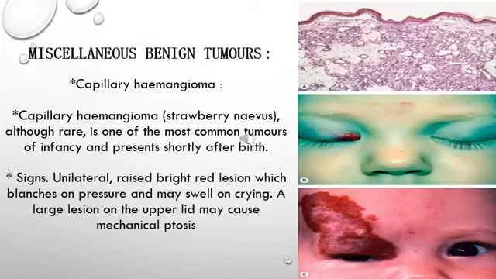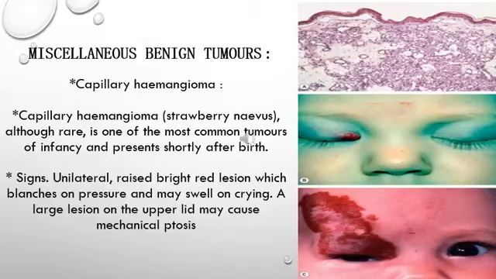As you see here in the photo, it is a unilateral, raised, bright red lesion, which blanches on pressure and may swell on crying and straining. A large lesion on the upper lid may cause mechanical ptosis, as you see in the third photo in the lower part of the slide.